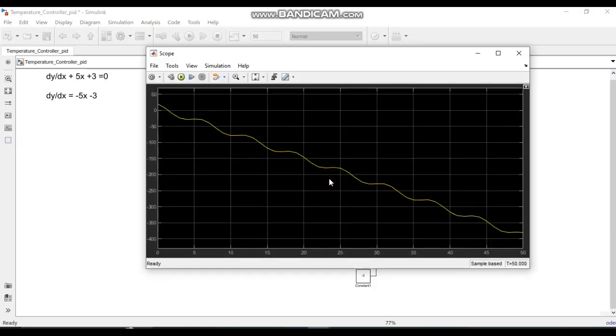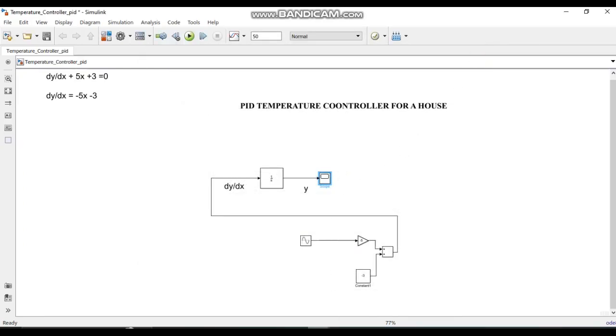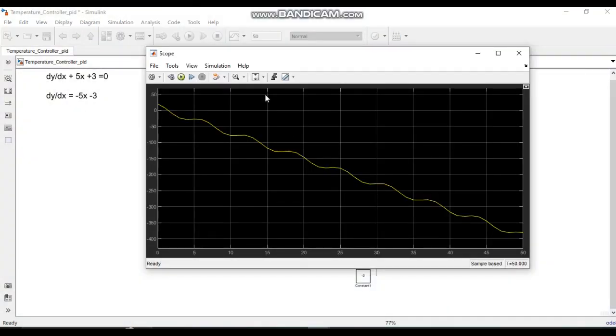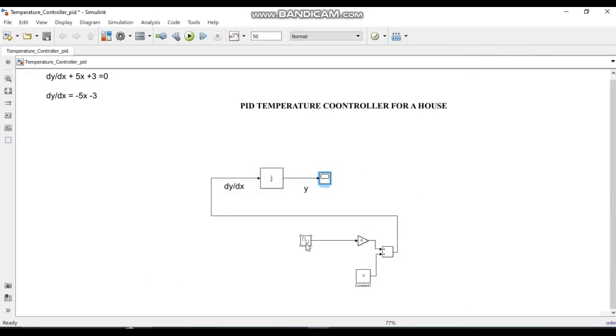You see the scope. That's the result for our y. I do not know why it's appearing like that. Is it because of the solver? The output of the graph is not that smooth, right?